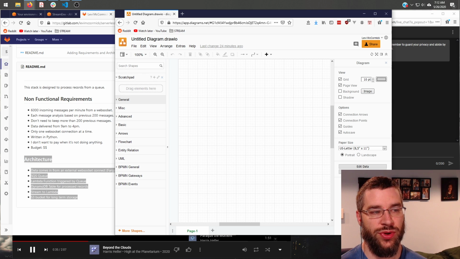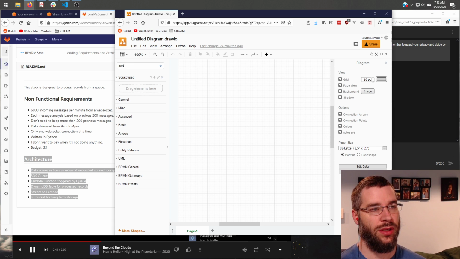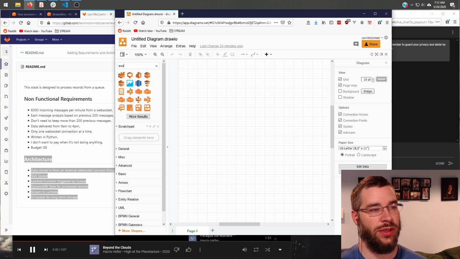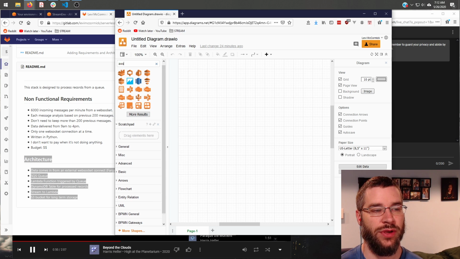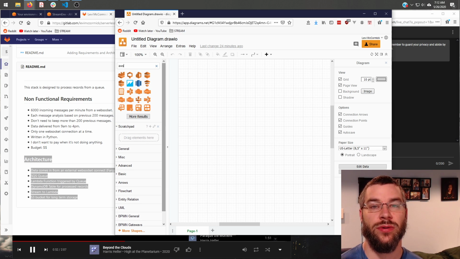Software's pretty easy to use. Mostly just drag and drop, and then there's connection points and stuff added. It comes preloaded with a bunch of AWS icons already, so you don't really have to do a lot of configuration. You don't have to seek out icons or get them loaded.